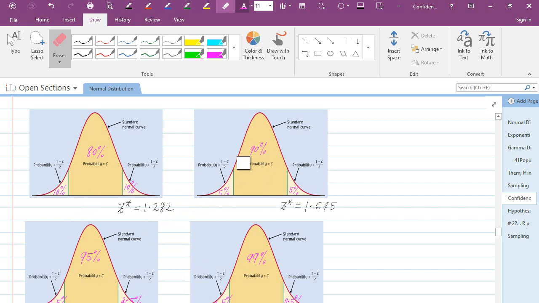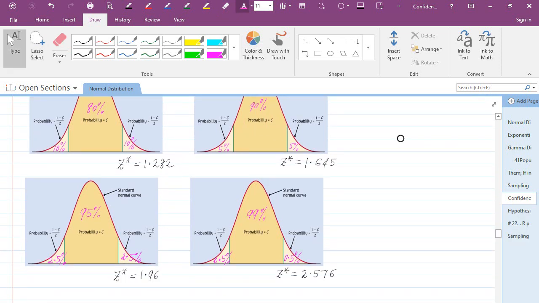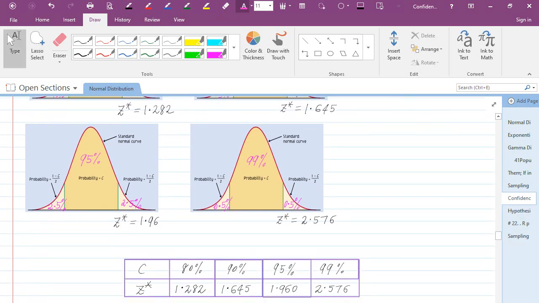If we set the confidence level to 90%, then the z-star would be 1.645. We already saw that if we set the confidence level to 95%, then z-star would be 1.96. And if we set the confidence level to 99%, then z-star would be 2.576.